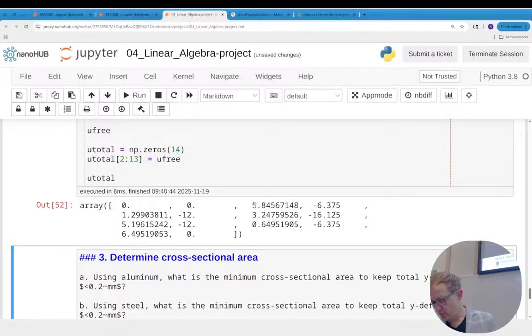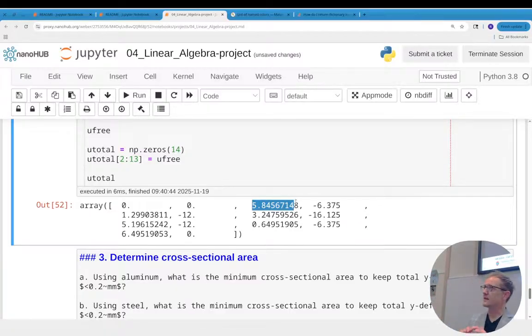Node 2 moved by 6 millimeters on the x-axis and negative 6 millimeters on the y-axis. Node 3 moved 1 millimeter right, but 12 millimeters down. Node 4, 3 millimeters to the right, negative 16, so 16 millimeters down. And then 5, negative 12.